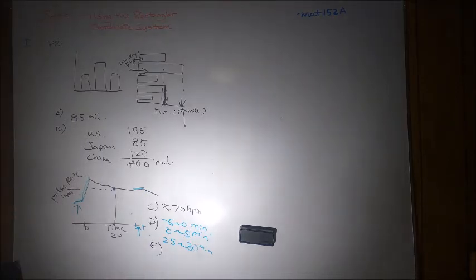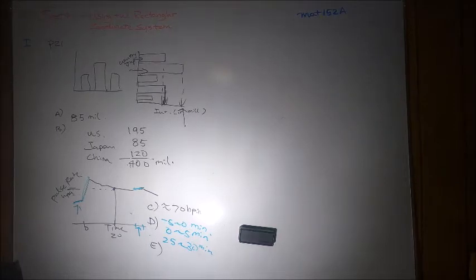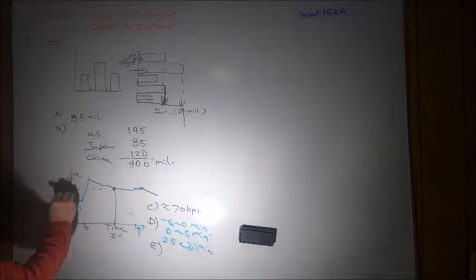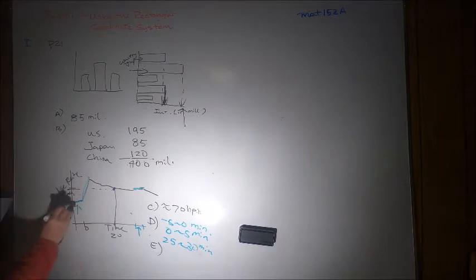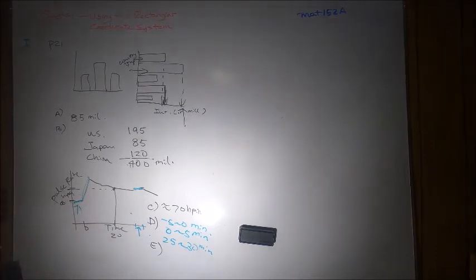He also asks, is the pulse rate ever less than 60 beats per minute? So how will you decide? You look at the left-hand side, and here is 60, right? So what is that?